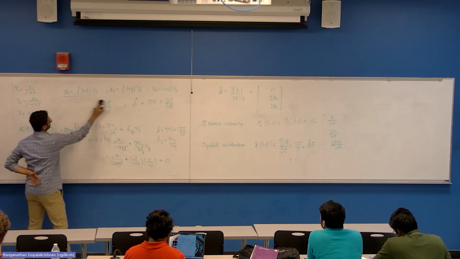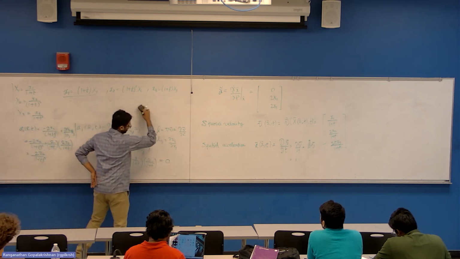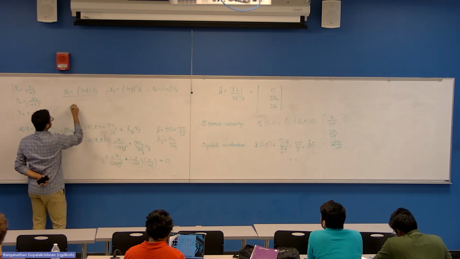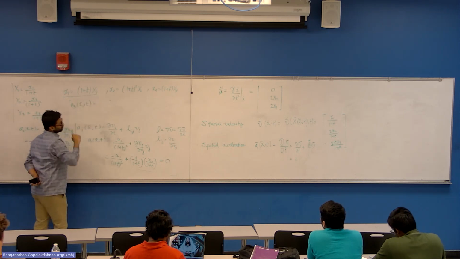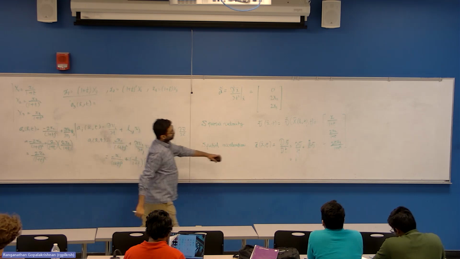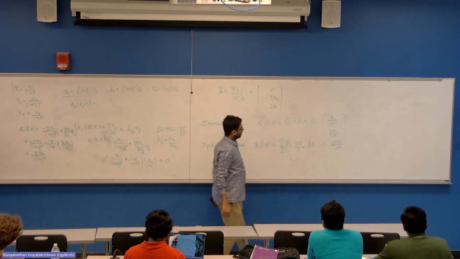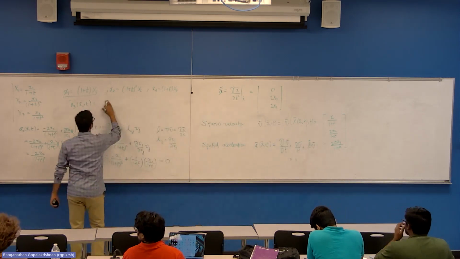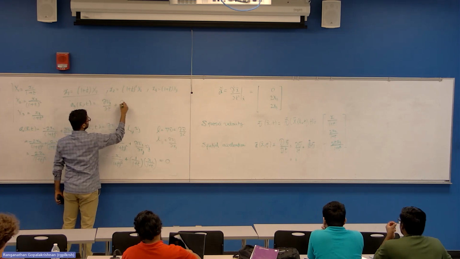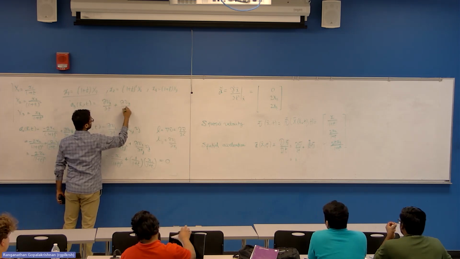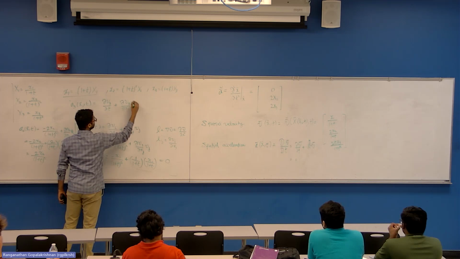And then what is A3? A3 of x comma t is equal to the derivative of V3 with respect to time, plus the partial derivative of V3 with respect to x_j multiplied by V_j.